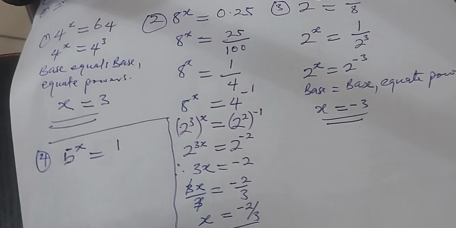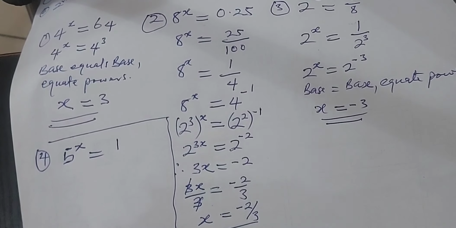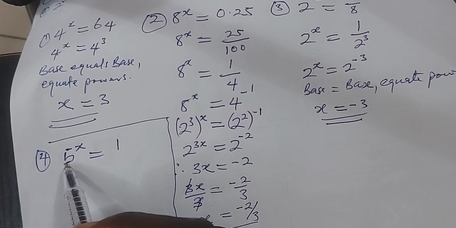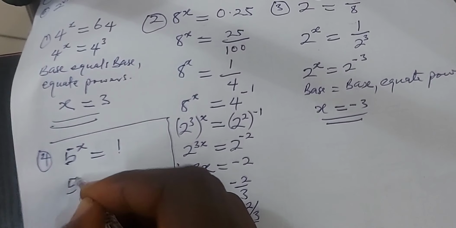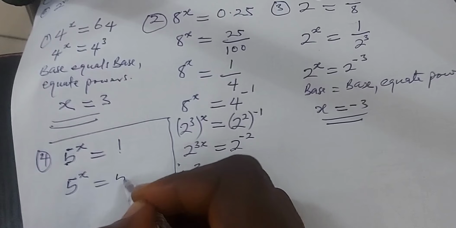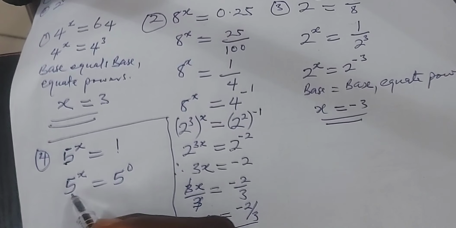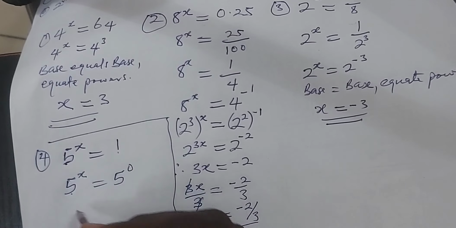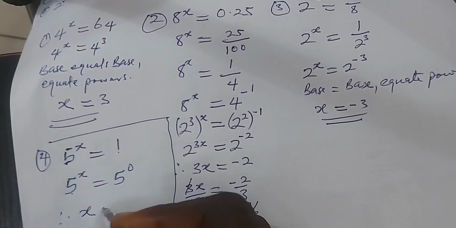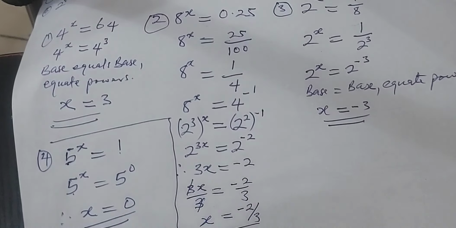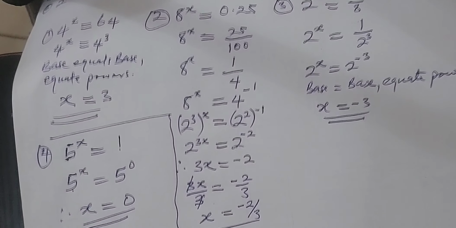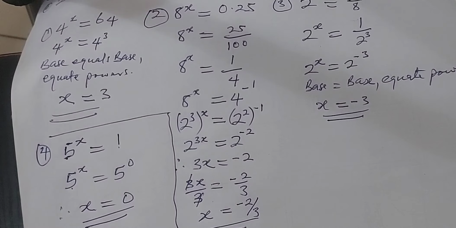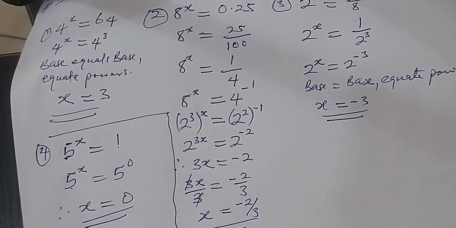In indices, anything raised to the power of 0 is 1. And so since we have 5 here as the base, we make 5 the base here, which is 5 raised to the power of x is equals to 5 raised to the power of 0. Base equals base, equate powers. Therefore, your x is equals 0. It's as simple as that. There's no big thing there.